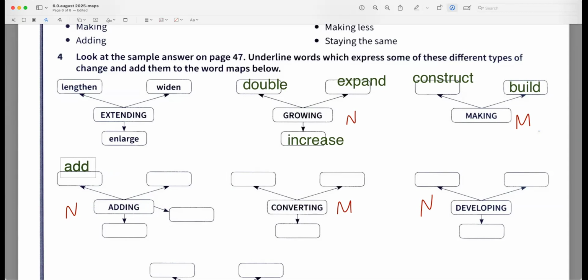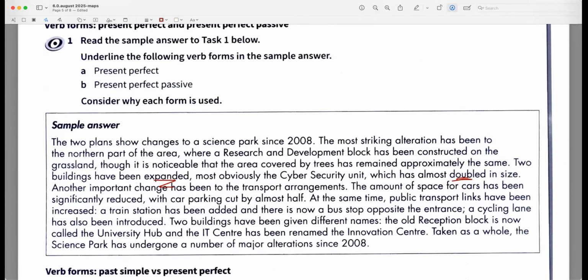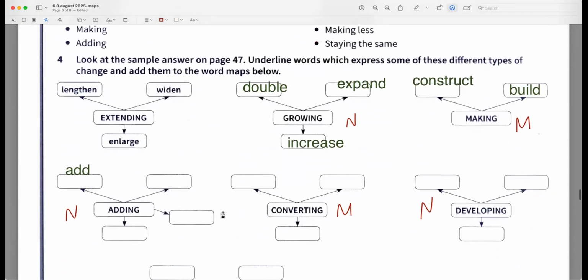They also mention, okay, let's look at the sentence to describe a cycling lane. We have? Yeah, introduced. Introduce also means add.